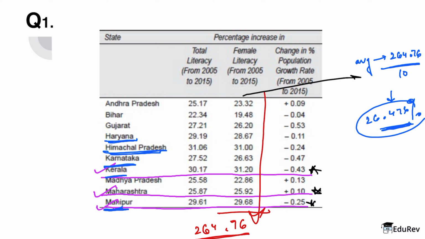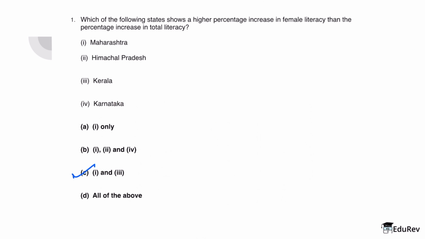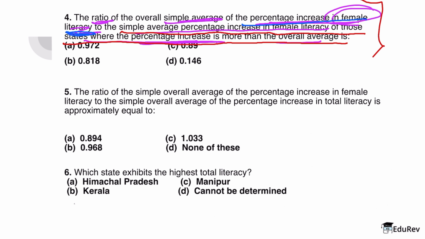Now at this stage, you have to keep an eye on the options. These are the 4 options which are given. The thing is how to solve a question in the most efficient way when you are sitting in an exam. You need to keep an eye on your question and on the options side by side.